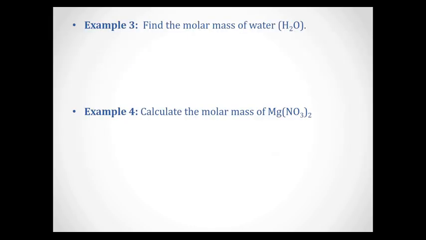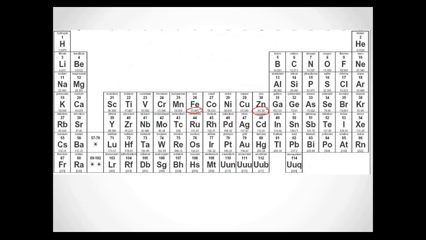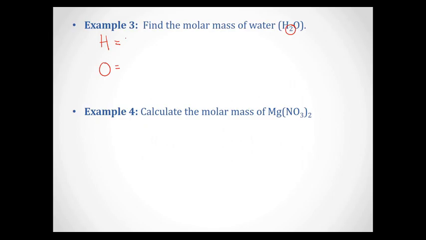Now let's say we have a compound. This makes it a little different. We have water, and in water we have hydrogen and oxygen. We know in our molecule we're going to have 2 hydrogens. So we go to our periodic table and find hydrogen, which is 1.0079. That gets rounded to 1.01 grams per mole.